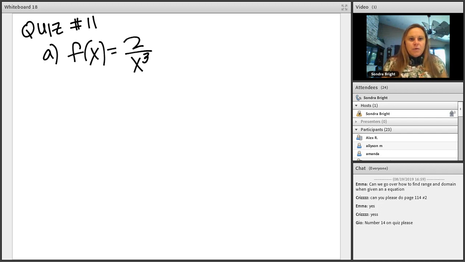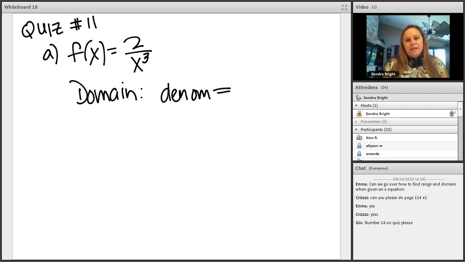All right, so we talk about domain. You look and see, is there a variable in the denominator? There is, and so you need to set the denominator cannot equal 0. So that means x cubed cannot equal 0.